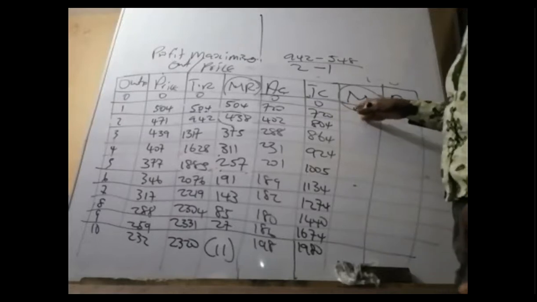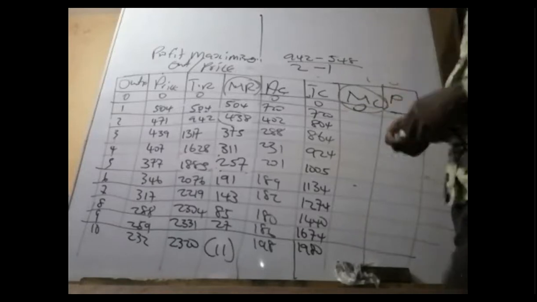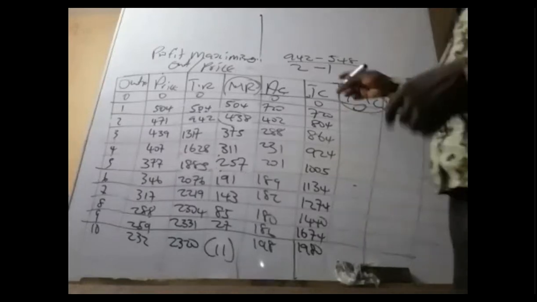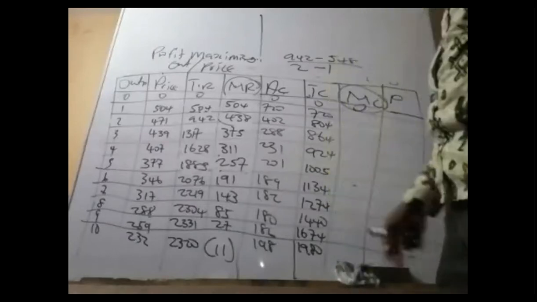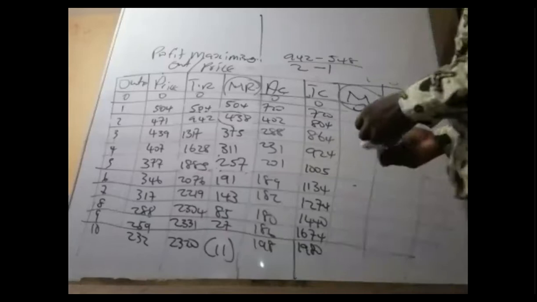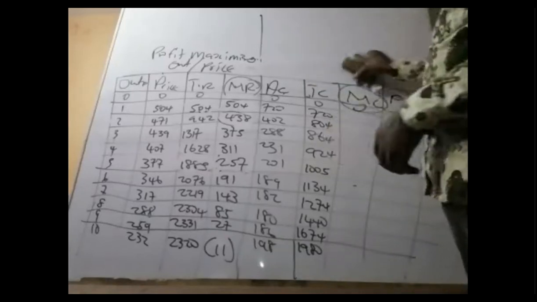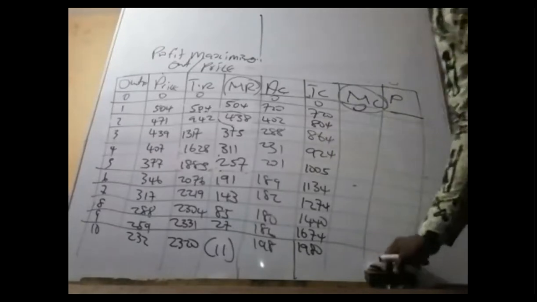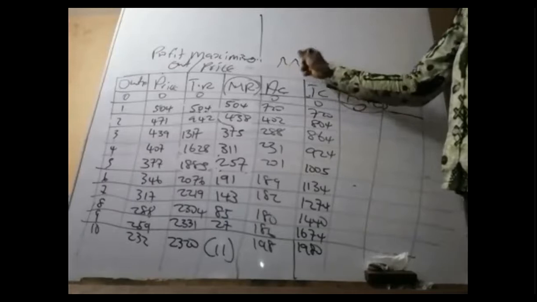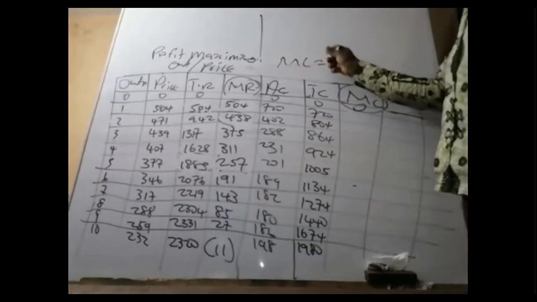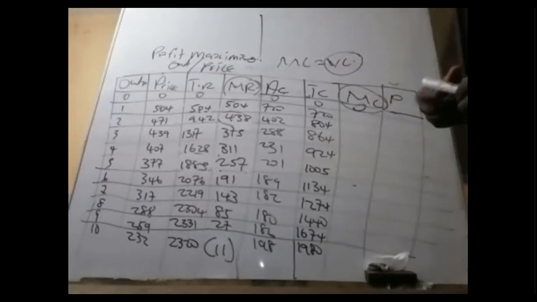Okay, now I'm coming. Let's do something. We are saying that for total cost, marginal cost is the same as the variable cost. So let's use this approach to move a bit faster. Now we said that the marginal cost is the same as the variable cost, right? How do you find variable cost?